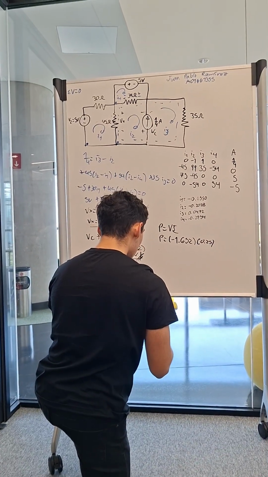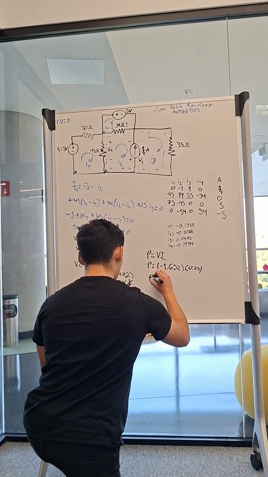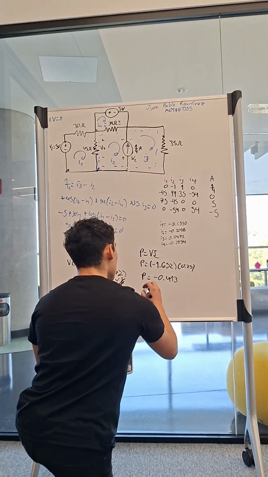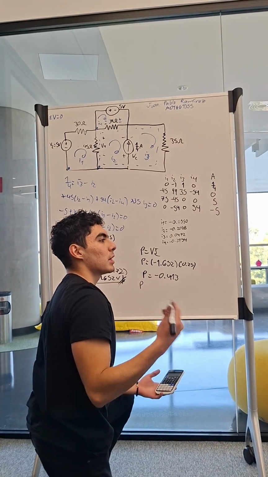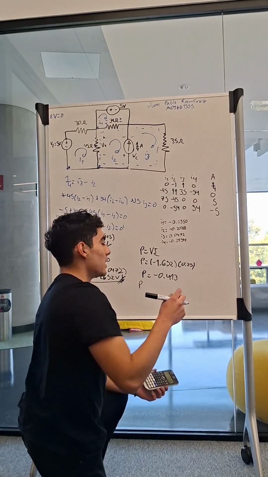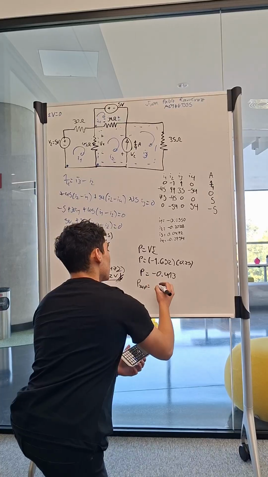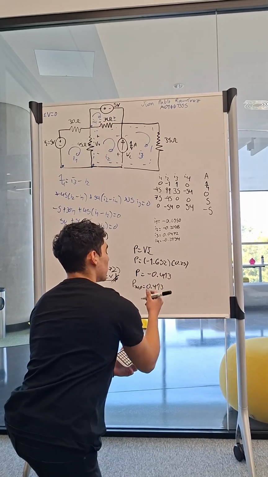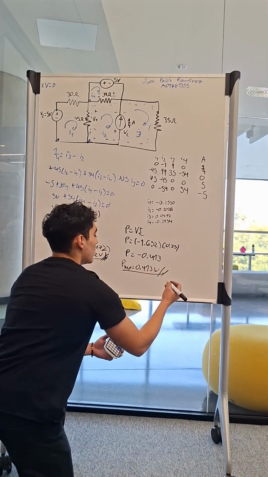So this will give us P is equal to minus 0.413. So we can say that this is not power absorbed, it's power supplied, right? So it will be supplying 0.413 watts, right? And that will be it.